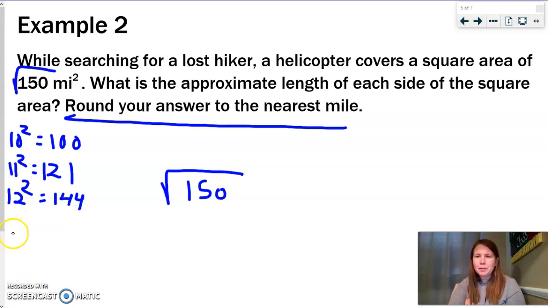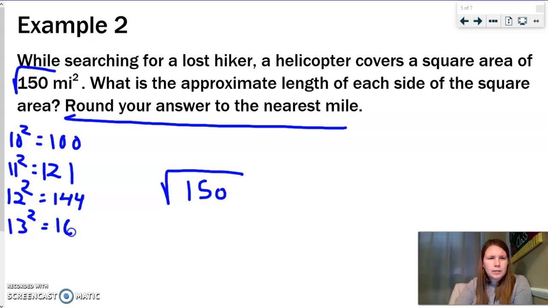Kind of just been learning based off of knowing my multiplication tables. If you're stuck on them, multiply it out. But 13 squared, if I was to figure that one out, I get 169. Well, 150, if I notice, is in between 144 and 169.